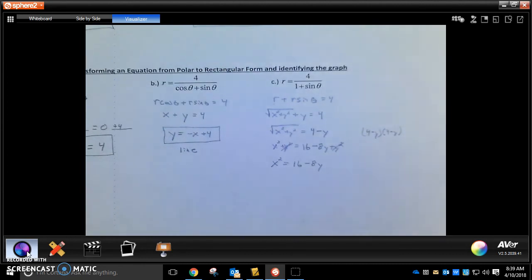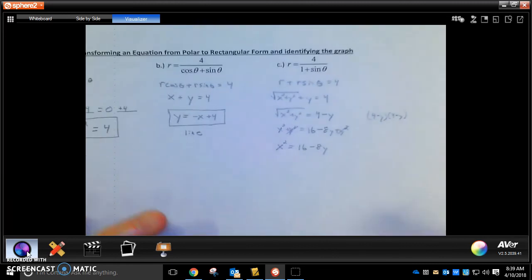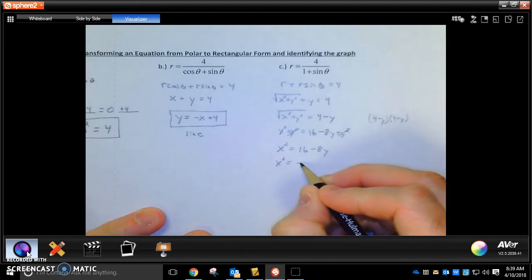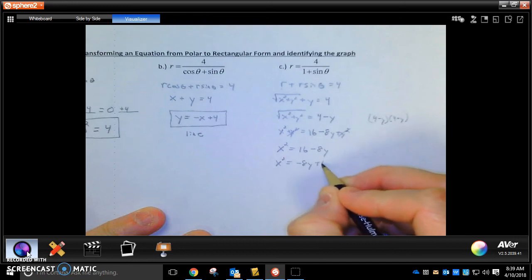So now, if we remember back from last semester, we should have an idea of what this is. If you've got an equation that has an x squared and does not have a y squared, but only an x squared, then that is a parabola. So to get this in standard form, I'm just going to switch these two. So x squared equals negative 8y plus 16.